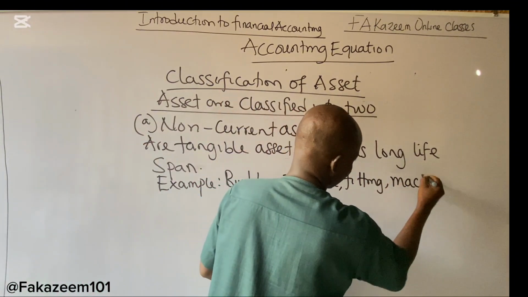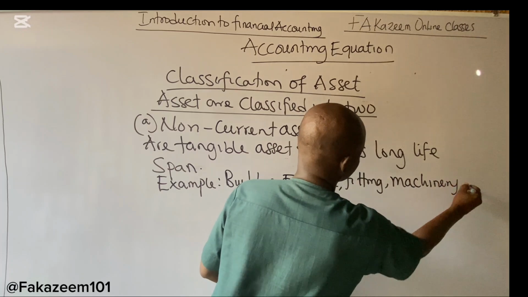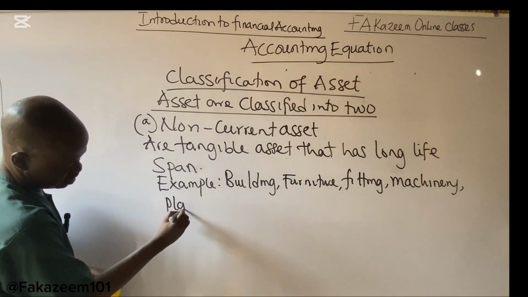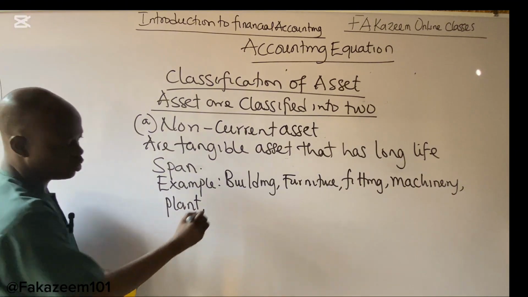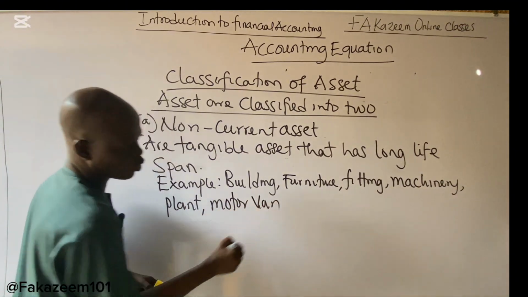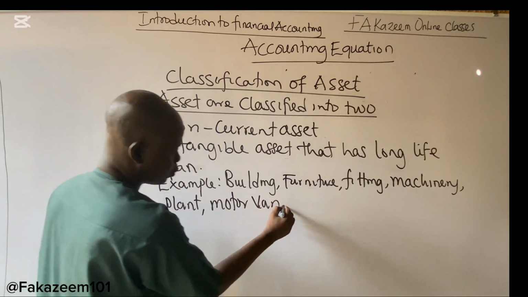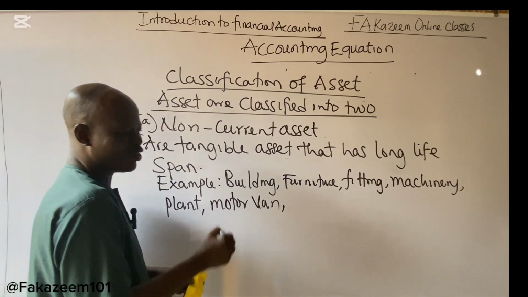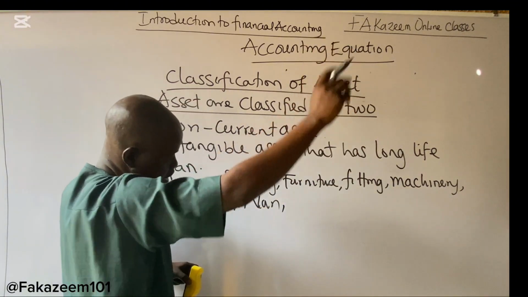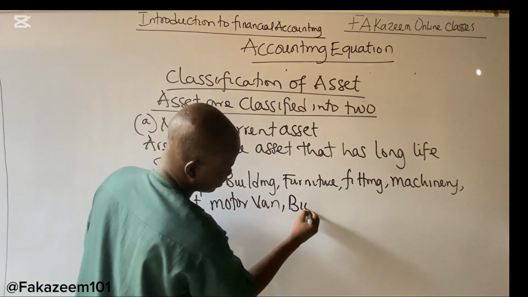Machineries is an example of non-current asset. We also have a plant is an example of non-current asset. We have motor van is an example of non-current asset. We have non-current asset that is not popular. We call it biological assets.